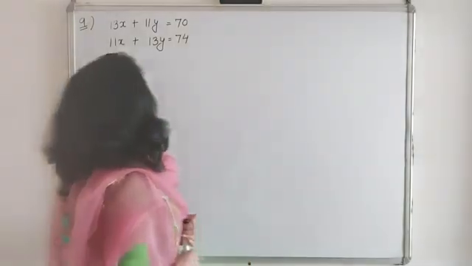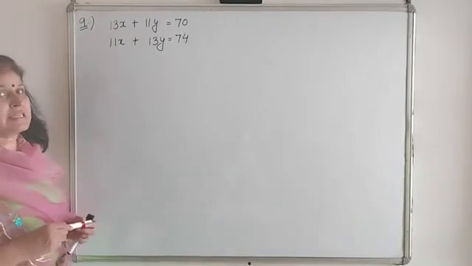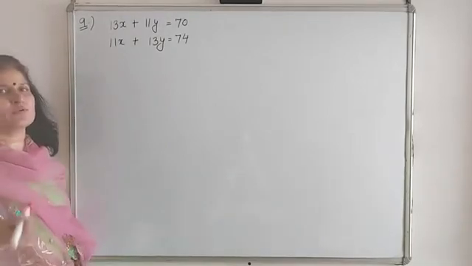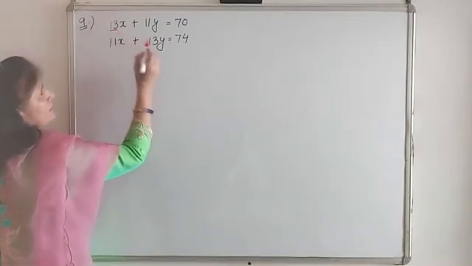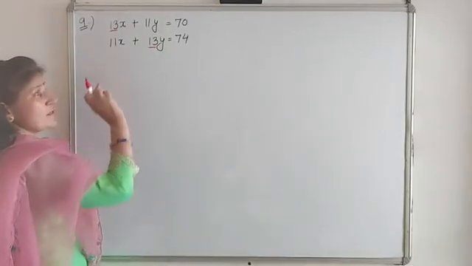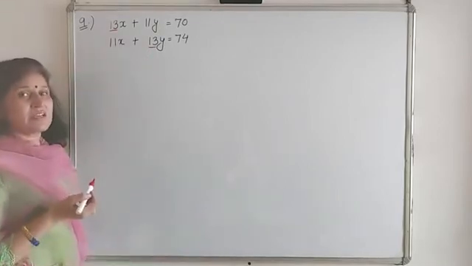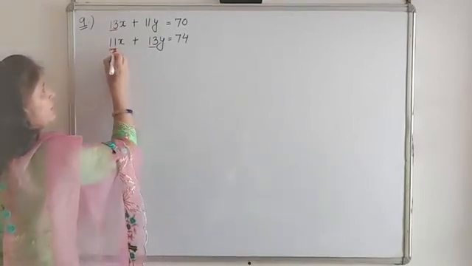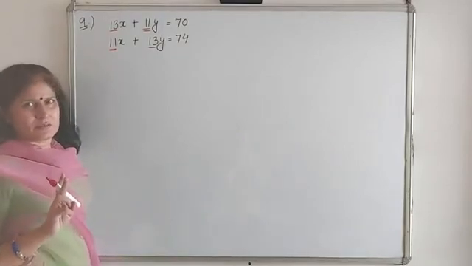Now question number 9. In this question you can see, in the 9th and 10th question, they both are with the same method. The coefficient of x of the first equation and the coefficient of y of the second equation, they are the same. Similarly here 11 and 11. Like this there are two methods.